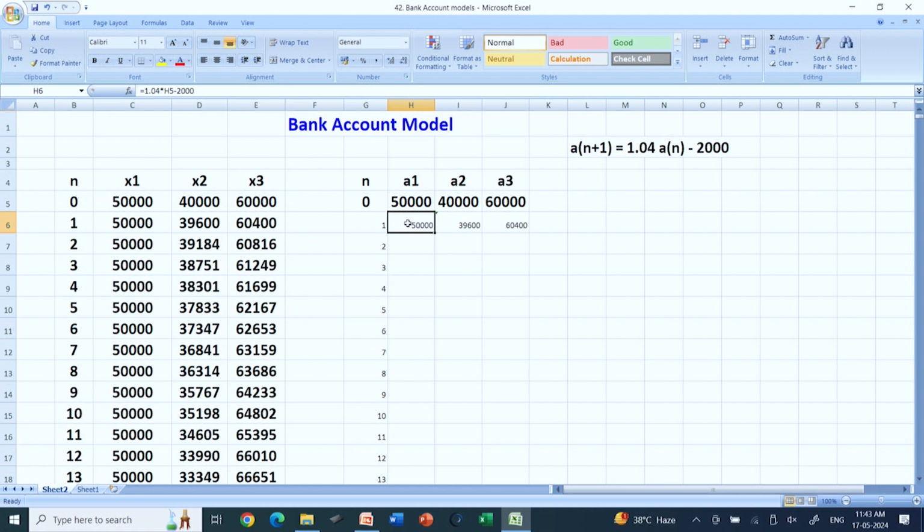So, let me calculate the next 40 values.